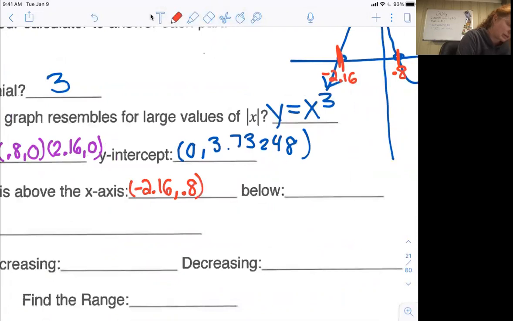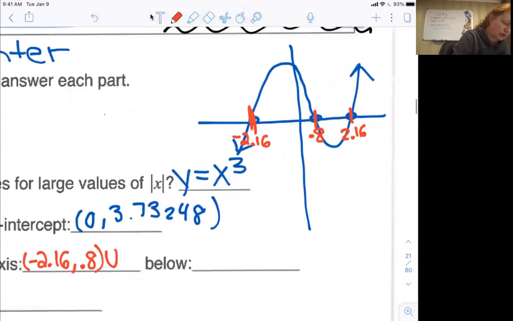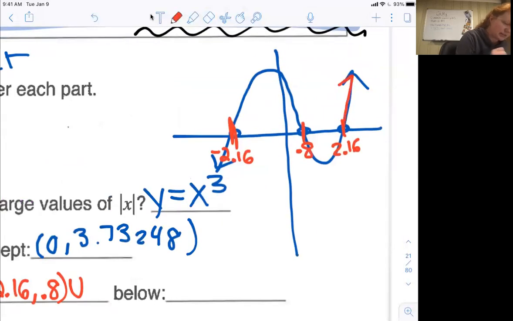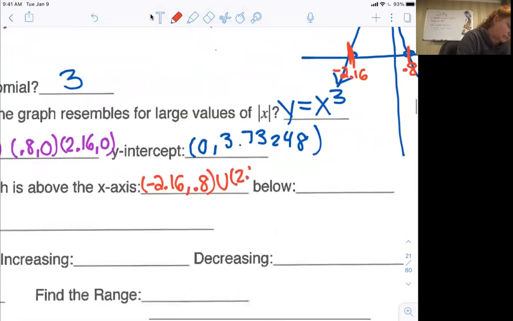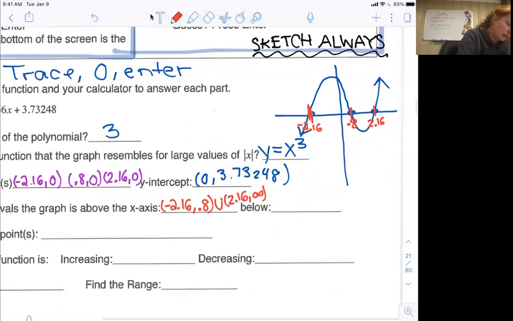That is not a point, that is an interval. Union, it is also above the x-axis on this section, so the x value is from 2.16 until infinity. Below would be this portion here. It is below the x-axis.